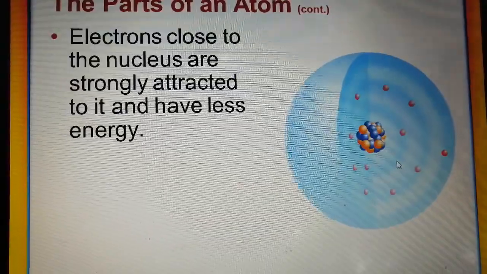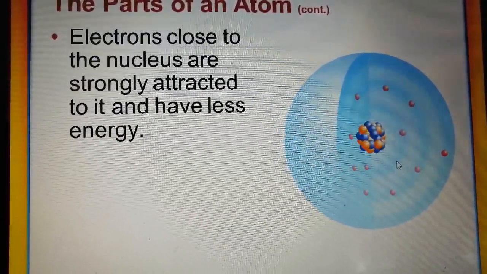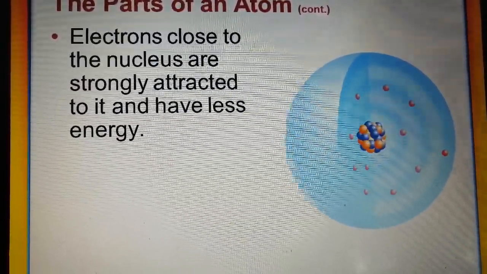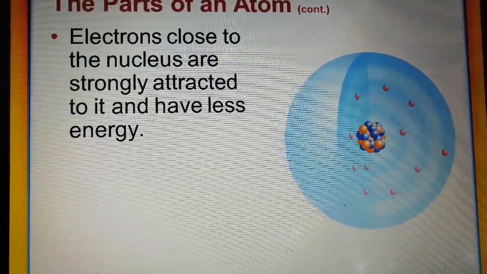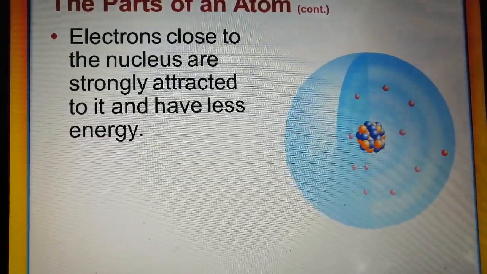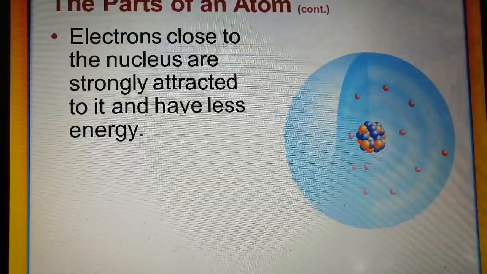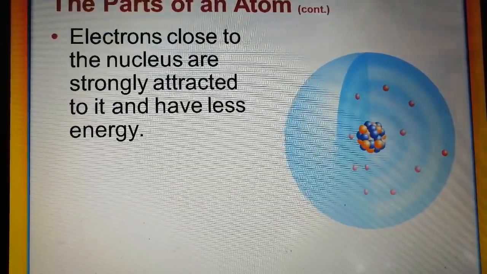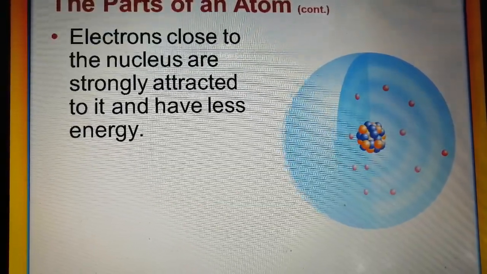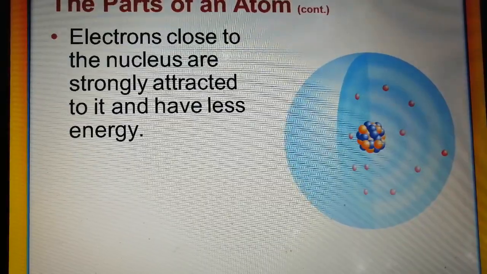Electrons close to the nucleus are strongly attracted to it and have less energy. But here, why are they attracted to the nucleus? Because the nucleus has a positive charge, because it has protons, and the protons have a positive charge.